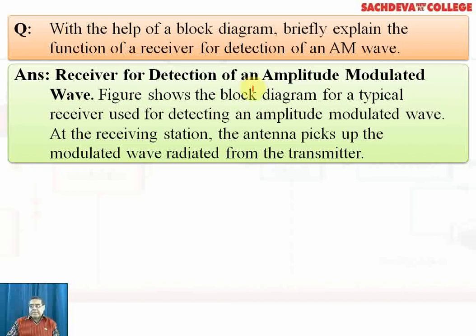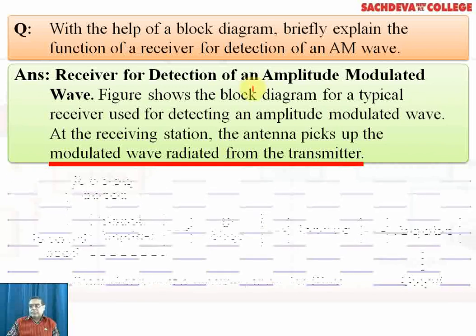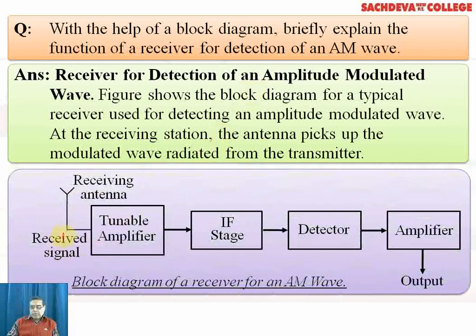The antenna picks up the modulated wave radiated from the transmitter. Now the received signal and receiving antenna are indicated, then the tunable amplifier, where we can match the frequency of the waves, and the IF stage.